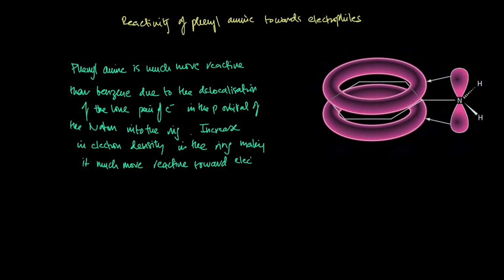And the evidence for this reactivity is if you look at the reaction of phenylamine with bromine. If you react phenylamine with aqueous bromine, you have the exact same thing happen here as you did with phenols.